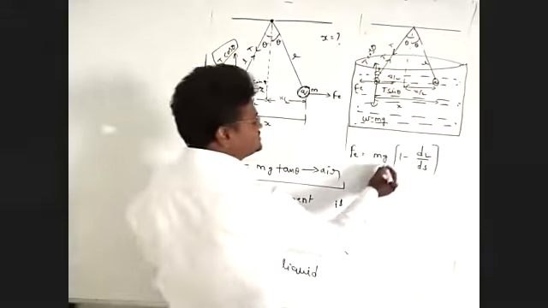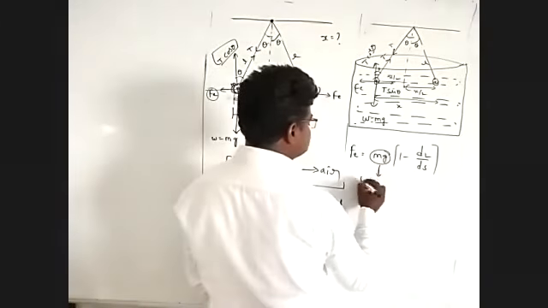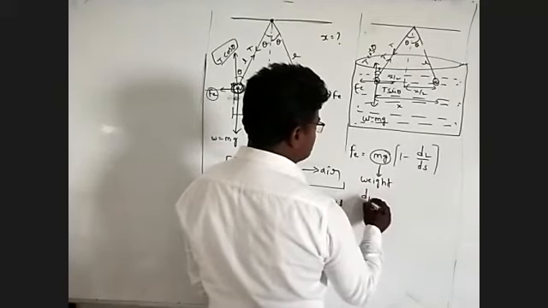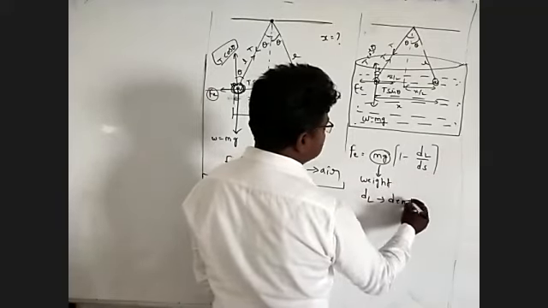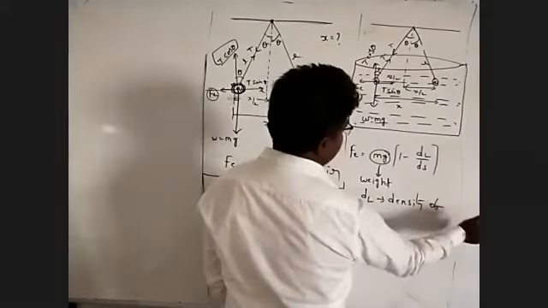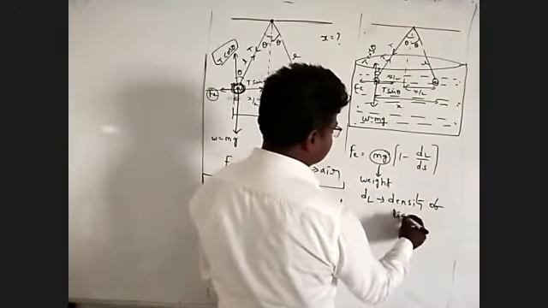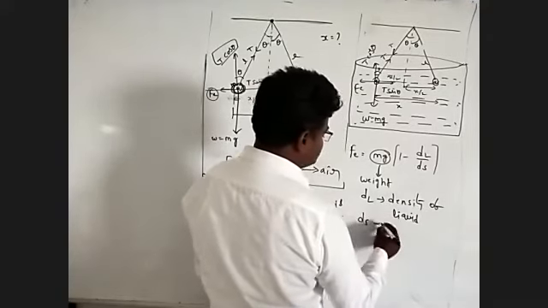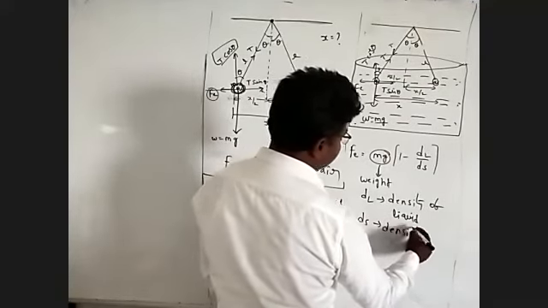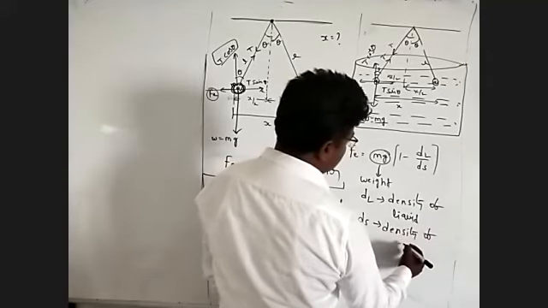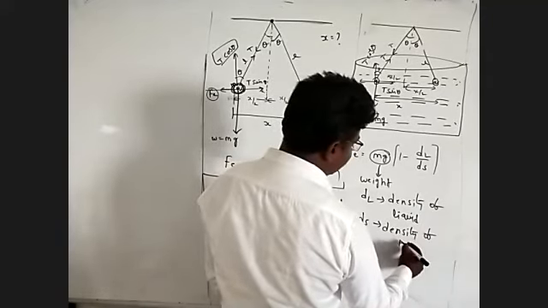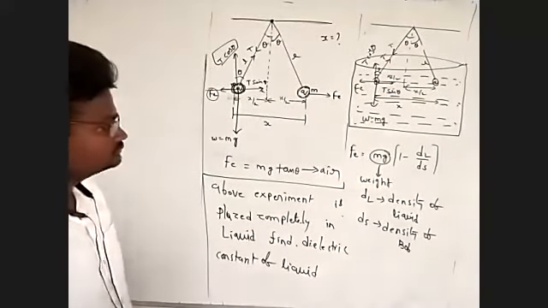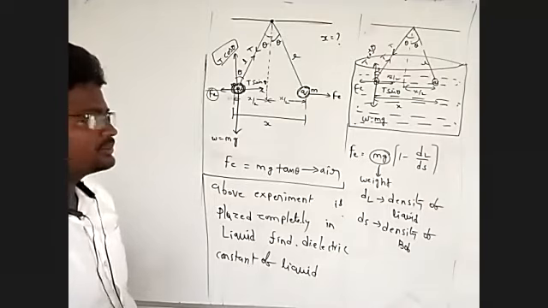Here mg means weight, dl means density of liquid, and ds means density of bulb.